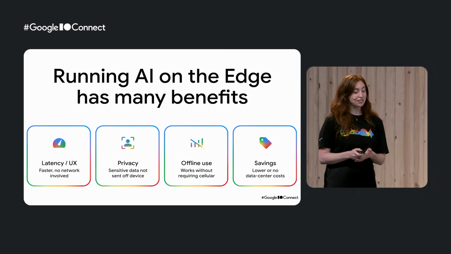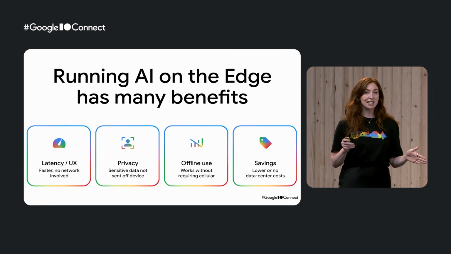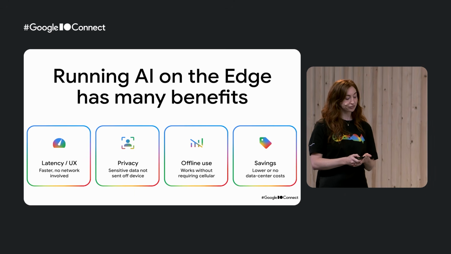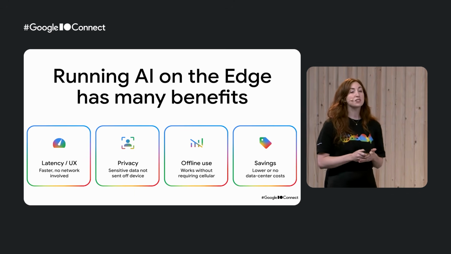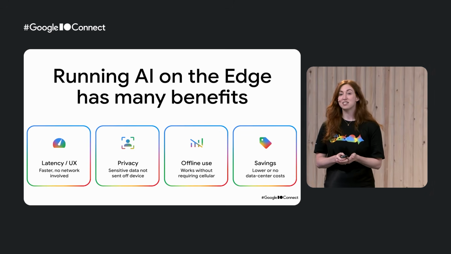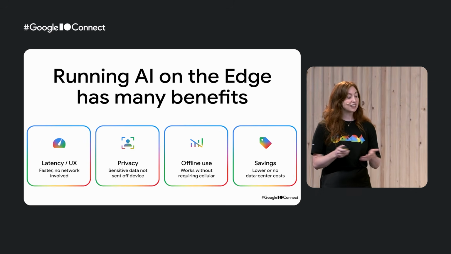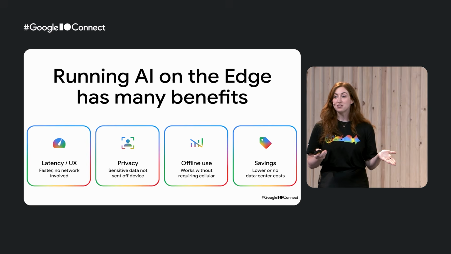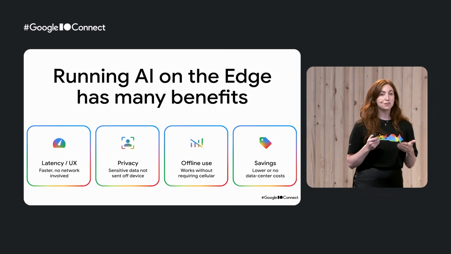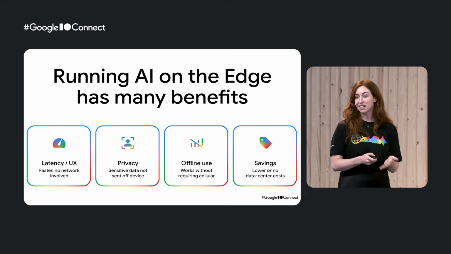Second, there are huge privacy benefits due to sensitive data never leaving the device and never having to go to an external server. Third, it enables offline functionality, so your app can run the same anywhere, even if it's on an airplane. And finally, developers benefit from reduced or sometimes eliminated data center costs because it moves the computational burden to the device.